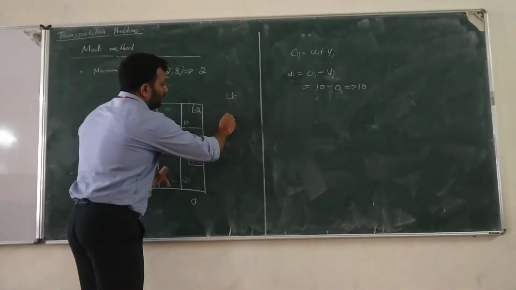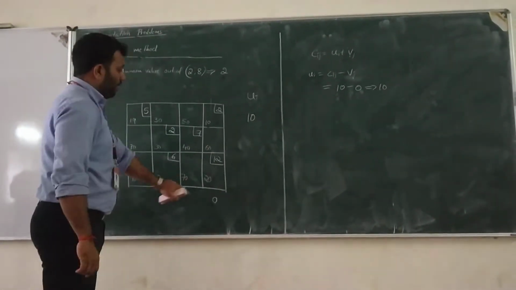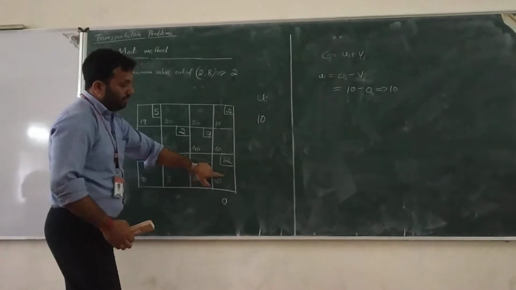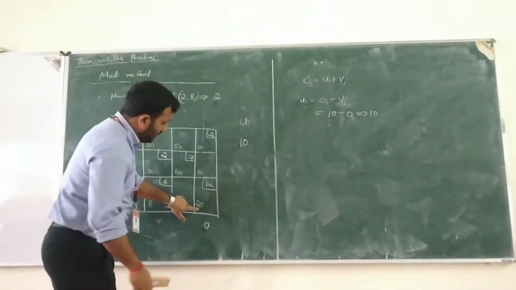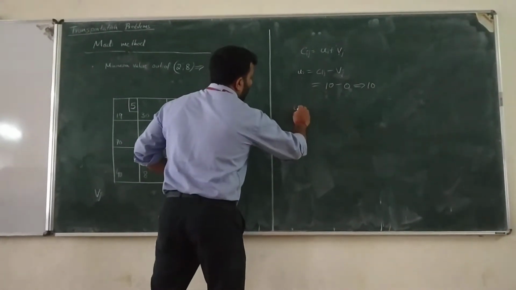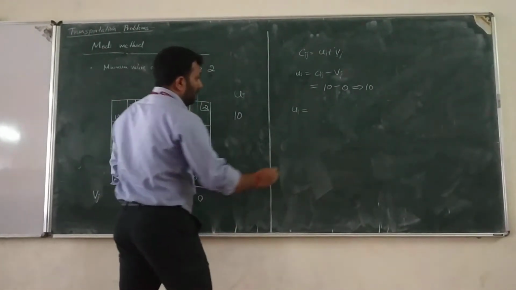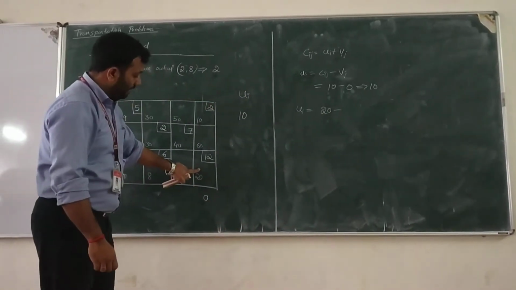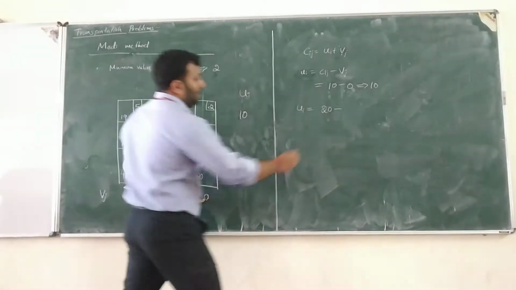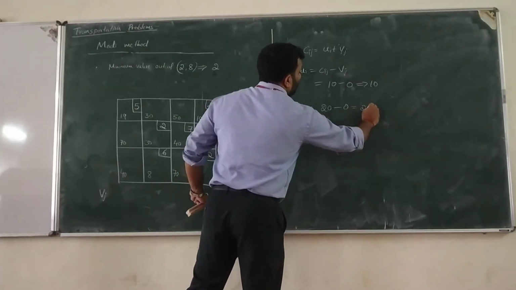That is why I have got UI as 10. Now again, wherever we have the allocation, we can find out the dummy variable value. So here I have the allocation, so the UI value we can find out as 20, Cij minus VJ, 20 minus 0, that is equal to 20.